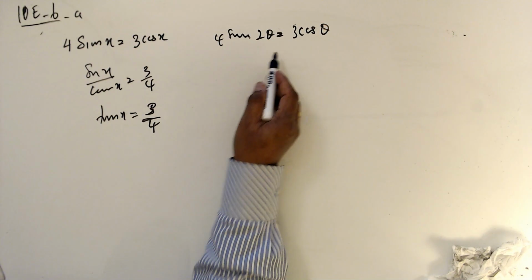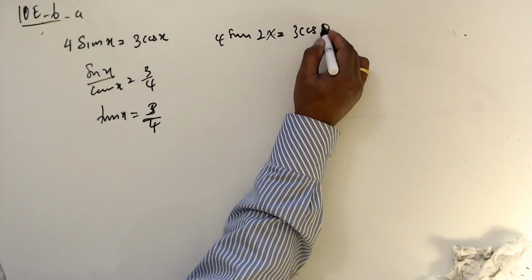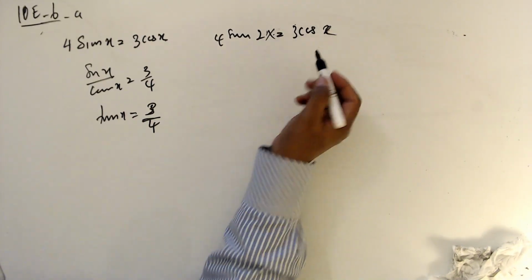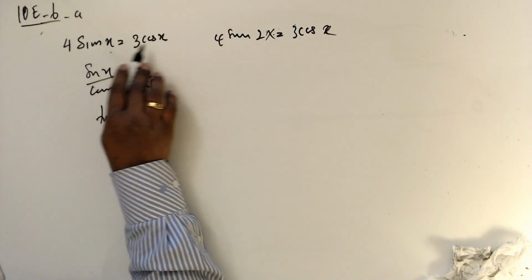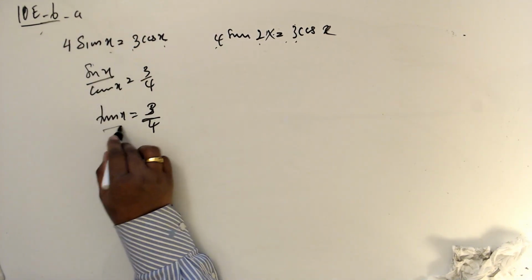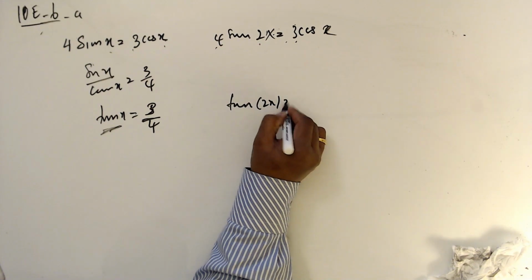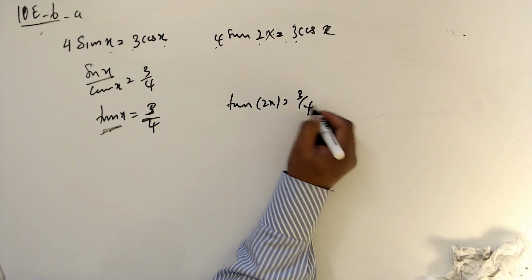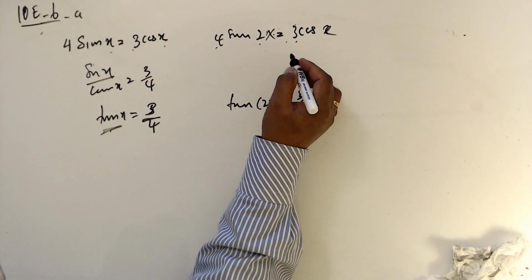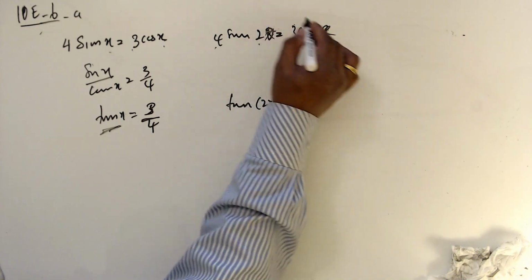Now you can see that, assume instead of theta we put x. Earlier it is x, now it is 2x. Everything is same. It means instead of tan x you can write tan 2x, 3 over 4. So this is theta.